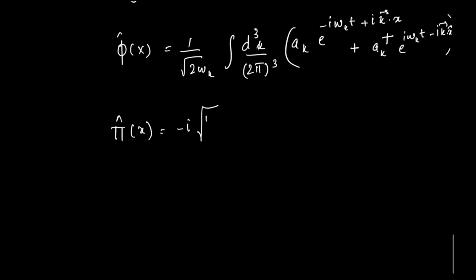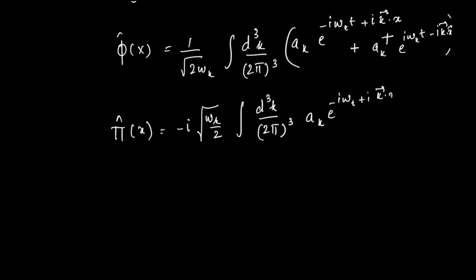Pi is minus I root of omega k by 2 integral d cube k by 2 pi cube, ak e raised to minus I omega t plus ik dot x plus ak dagger e raised to I omega t minus ik dot x.